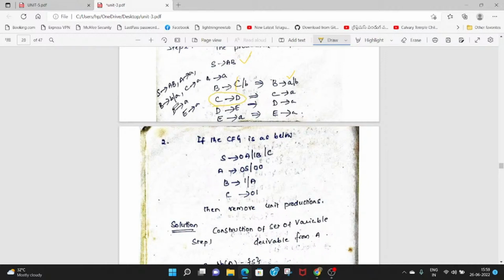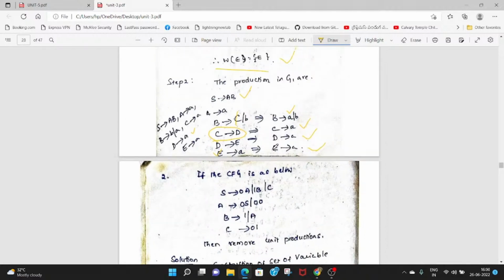Since C tends to capital D, D tends to capital E and E tends to small a, C is indirectly deriving capital E which consists of small a. Because of that, C tends to capital D is changed to C tends to small a. In the same way, D tends to small a and E tends to small a. I hope you all understand, right?